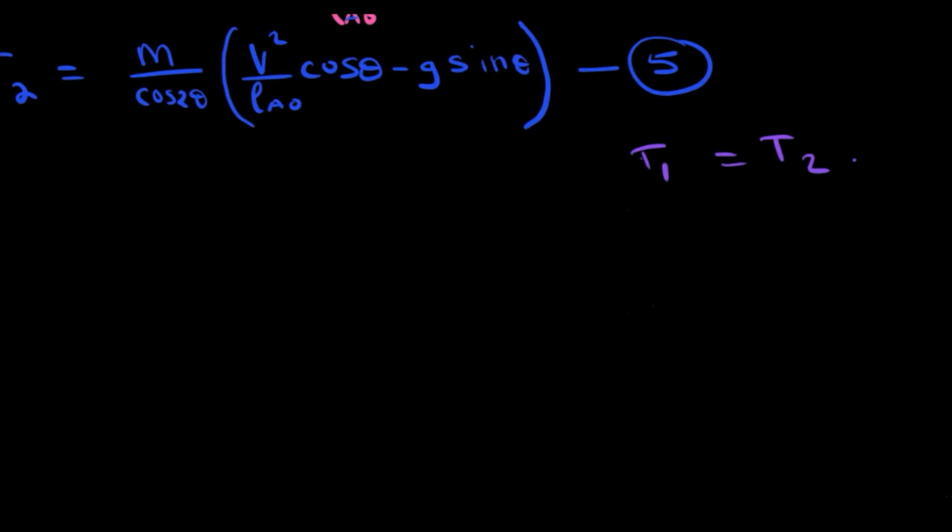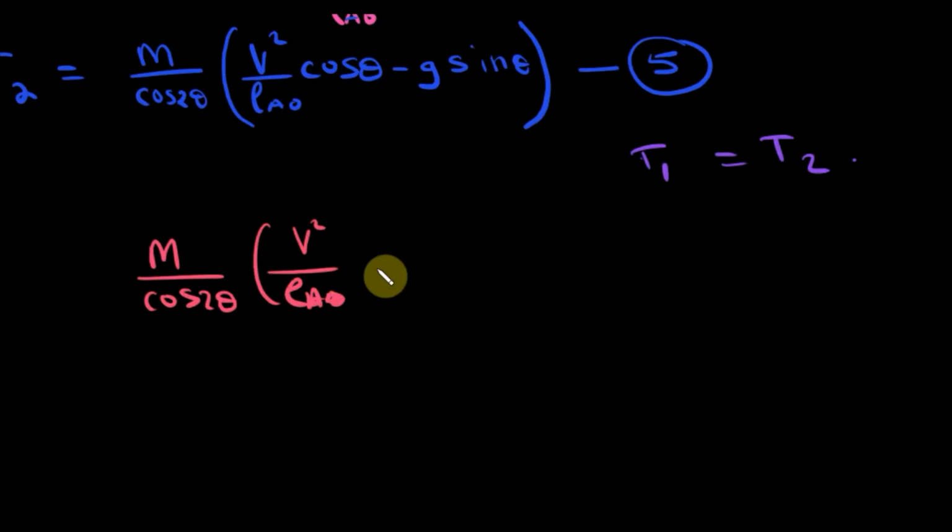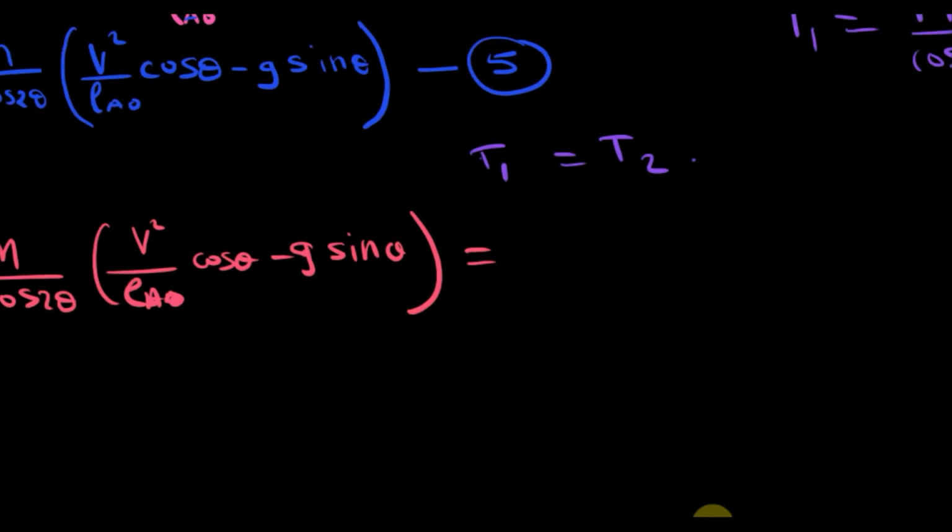We can write T1 as, okay, just write down T1 as it is, cos 2 theta, v squared over LAO cos theta minus g sin theta is equal to, what is the value of T2?